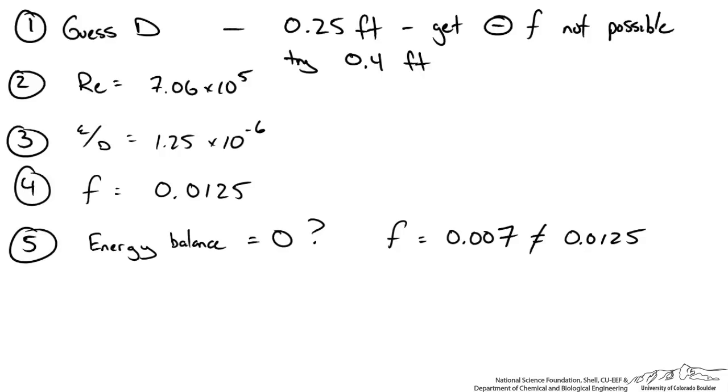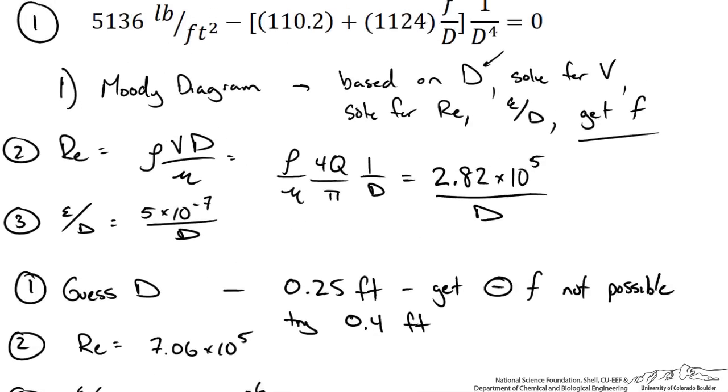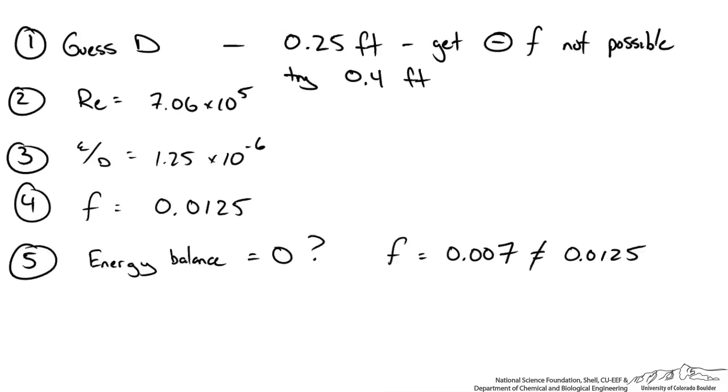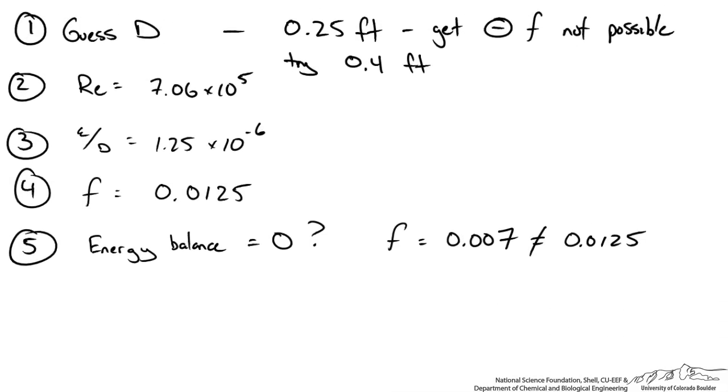So we need to move down from the value in our Moody chart to match up with the one from our energy balance. So I'm going to guess a higher Reynolds number, and so maybe a higher diameter. Because we have this diameter to the 5th power, very small changes are going to have drastic effects. So for my next trial, I'm just going to guess 0.41 feet, and I'll show you why.